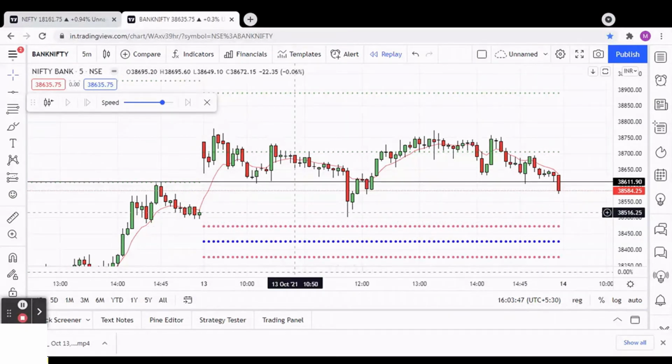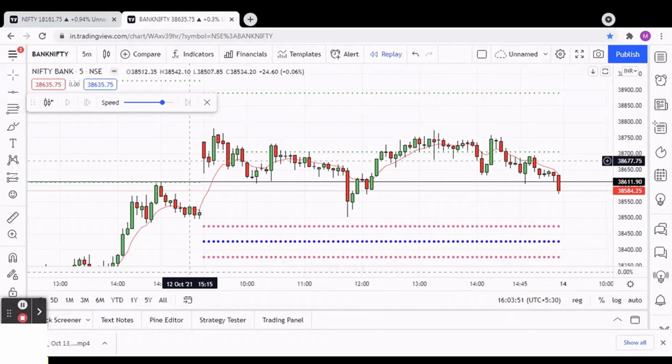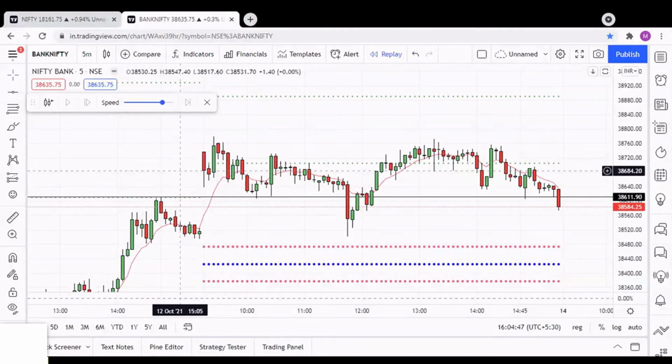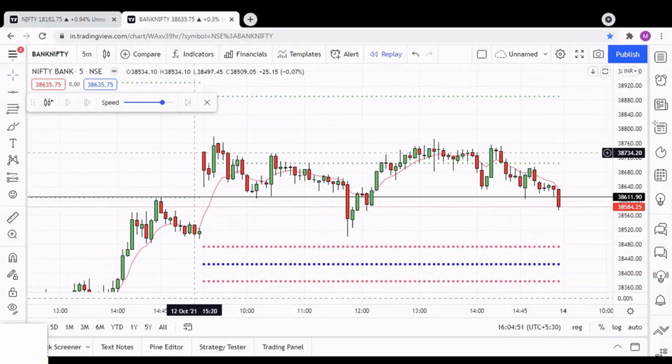Even Bank Nifty opened gap up with a red candle. This red candle closed below the resistance R1. If we take the entry at the close of this red candle, our stop loss will be above the red candle and target will be PDH in this scenario.